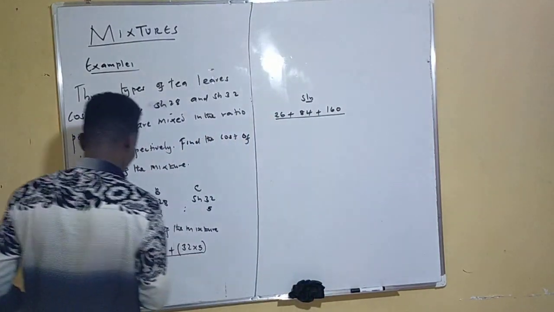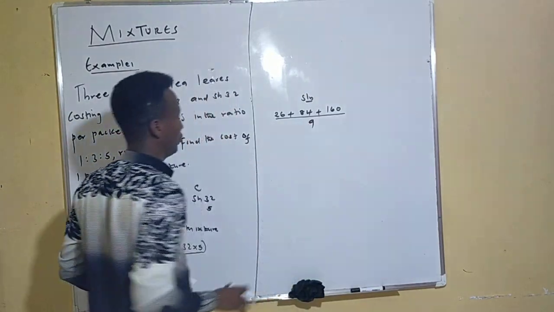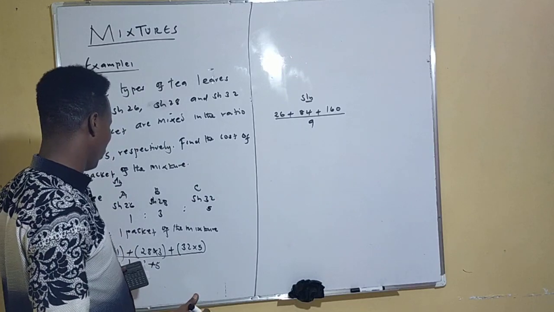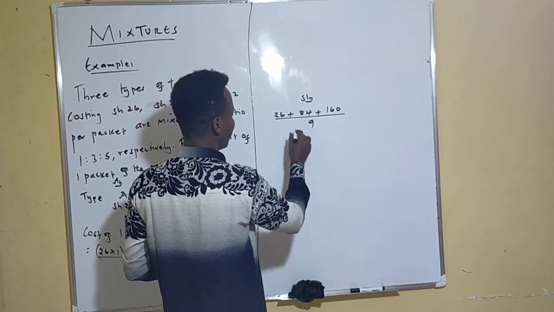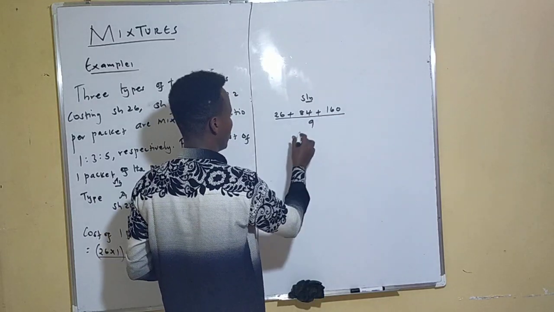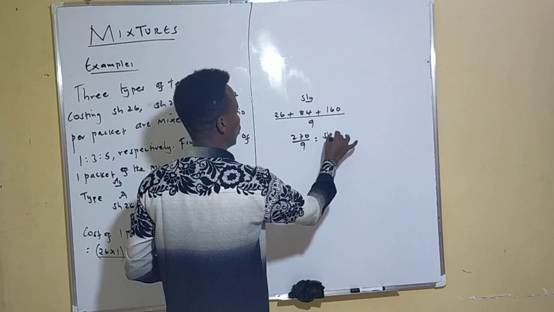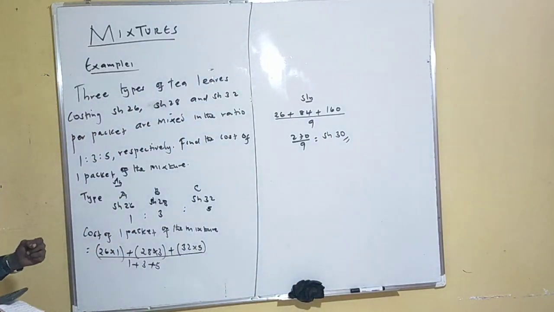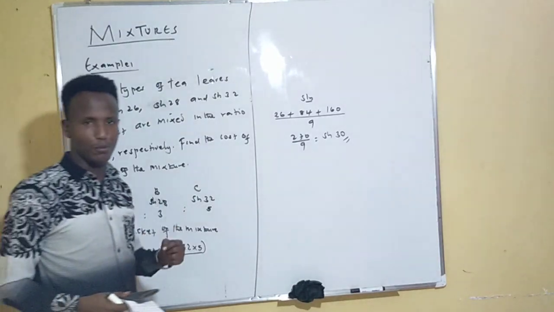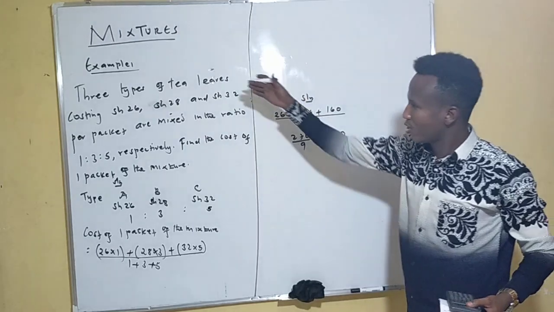Total divided by the summation of the ratios: 1 plus 3 is 4, plus 5 is 9. Adding these, this gives me 110 plus 160, that is 270, divided by 9. That will be the cost of one packet of the mixture. So what are we doing? We are multiplying the price or the cost by the ratio.